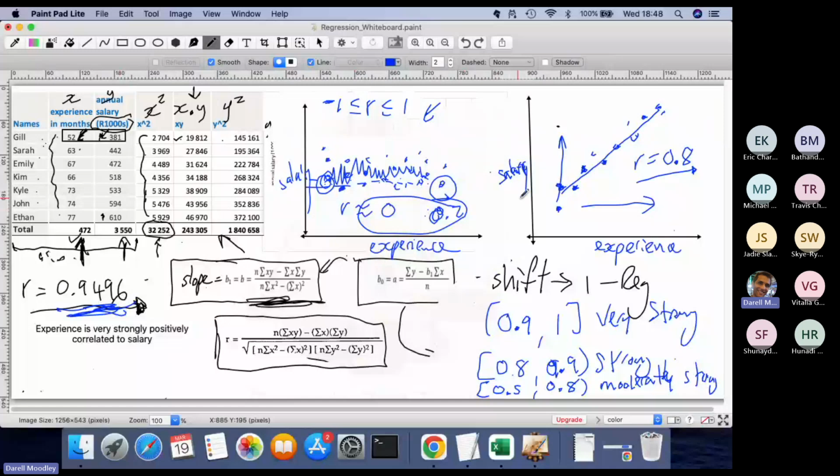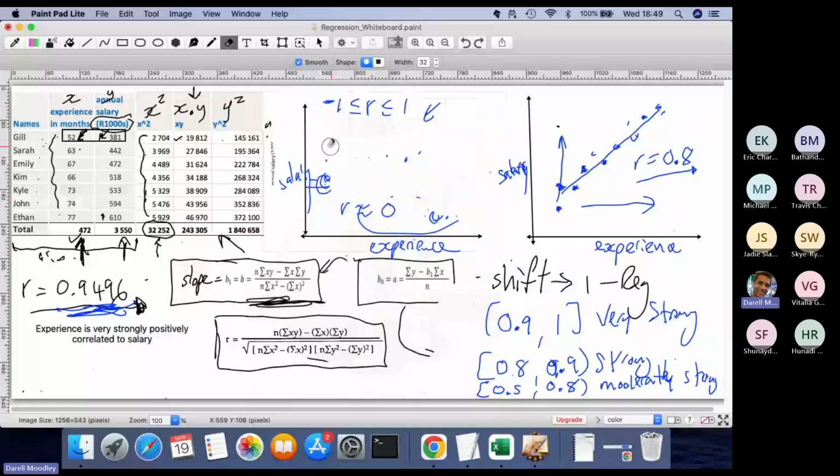Now, why I mentioned positive is because something can still be strongly correlated with salary, but in a negative way, right? Not everything is positively related to your Y variable. Let's look at another example, all right?